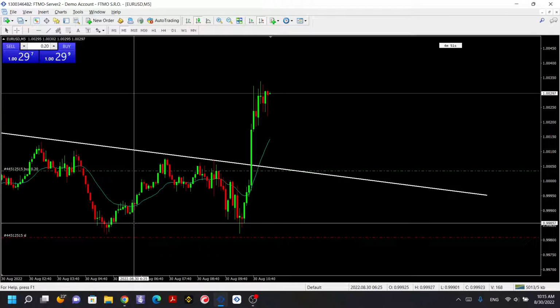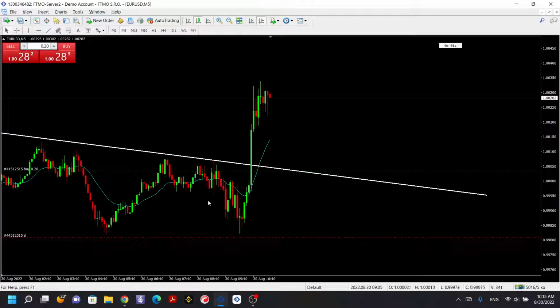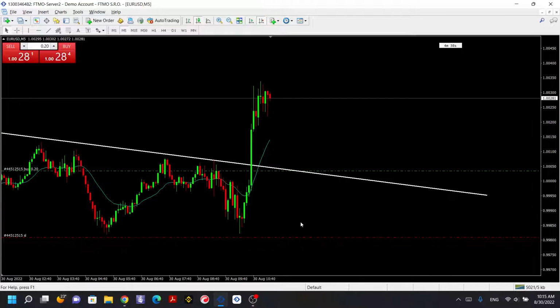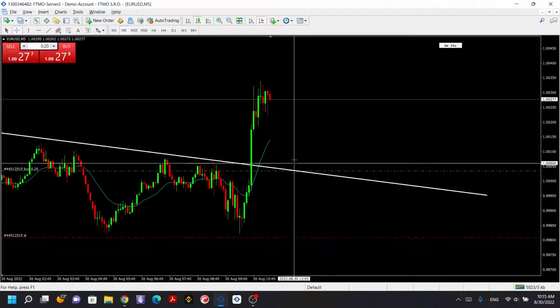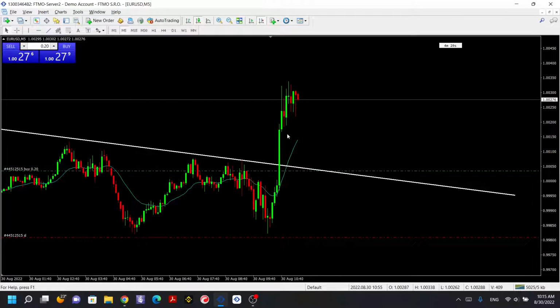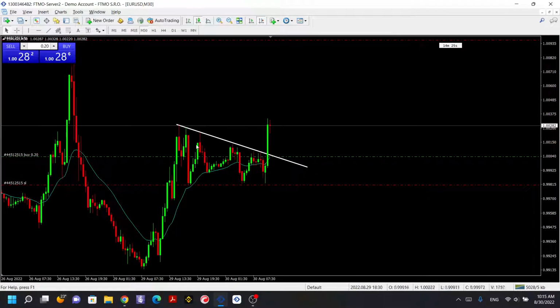I remember I wanted to get my stop loss up here to below this wick and add to my position size, and if I did that I would have been stopped out. So thankfully I didn't do that, and we had a breakout. It's a breakout of the bull flag here.